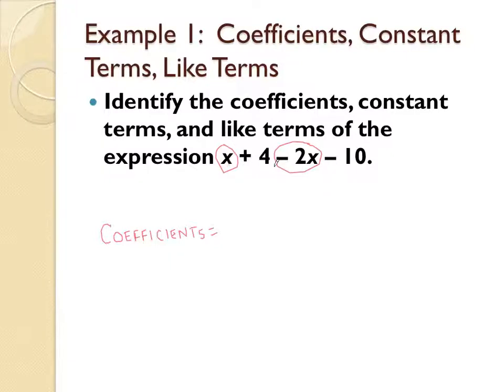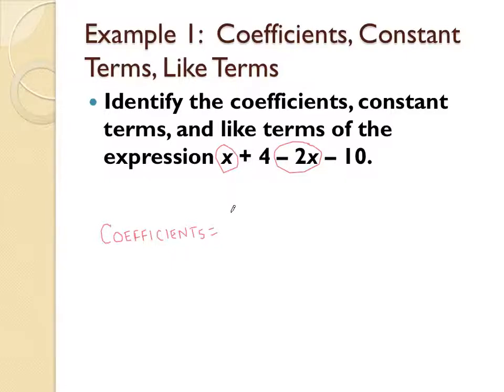So when you read this question, you may read it x plus 4 minus 2x minus 10. When I'm looking at the signs of each term, the number in front or the sign in front goes with the number behind it. So I'm going to look at this term as negative 2x. If I were to read the question, I would call it a subtraction sign, but they are the same exact thing. So please try and understand that.